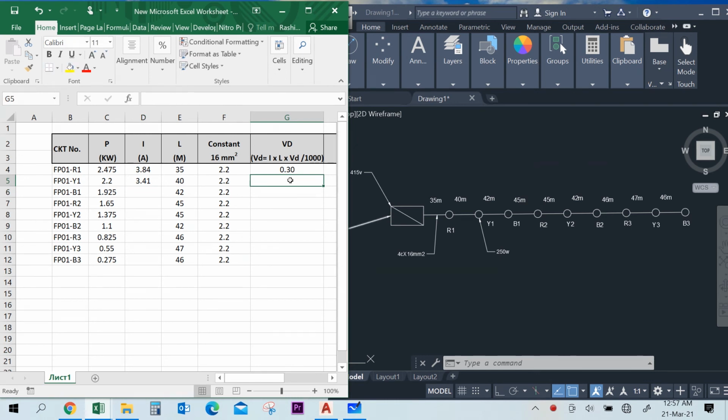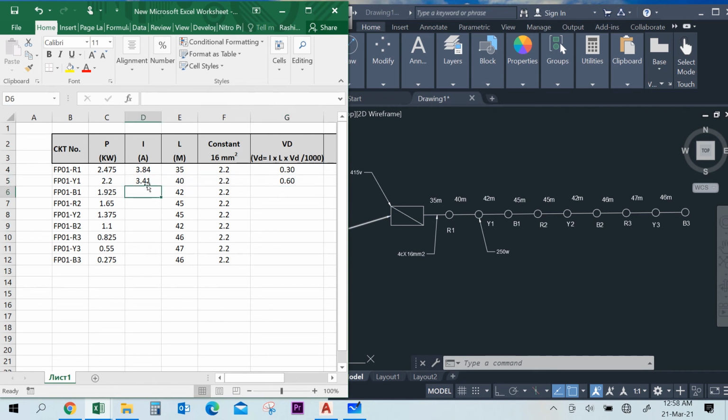Now we will take all these values so we can find out the voltage drop at this point. Voltage drop at Y1, same procedure. We will calculate the above voltage drop plus the voltage drop at this point, divided by 1000. The total voltage drop is 0.6.